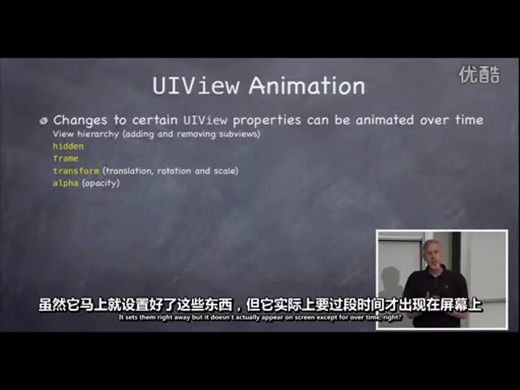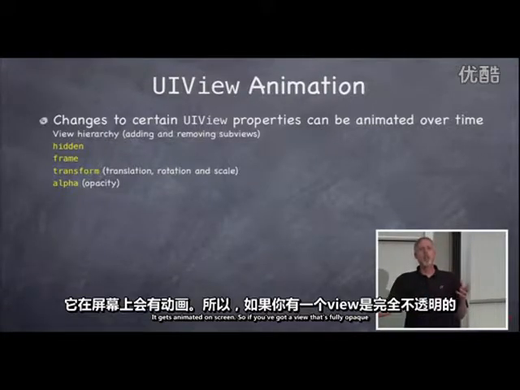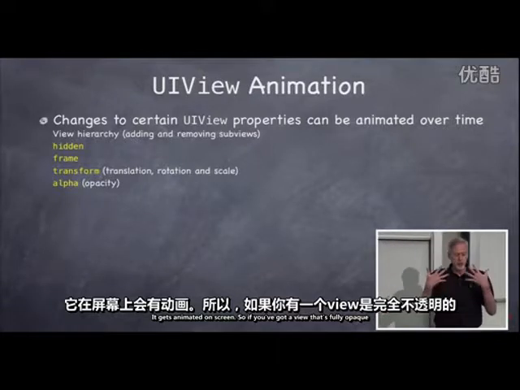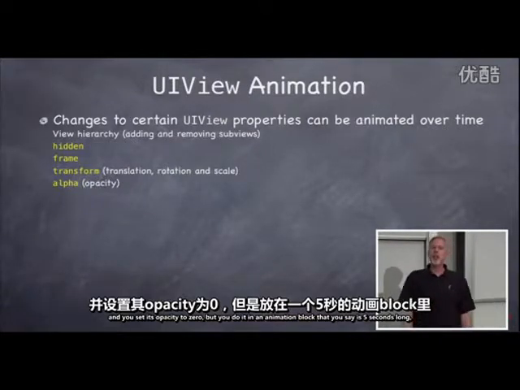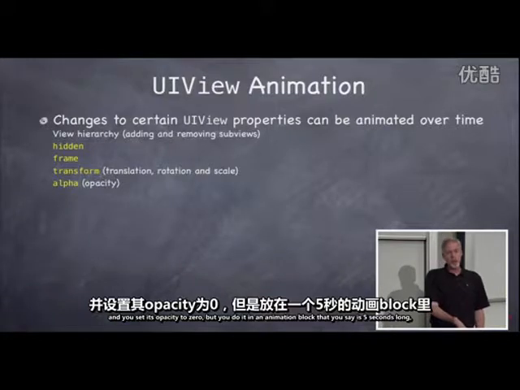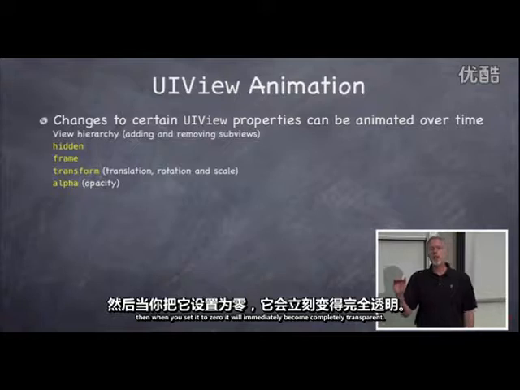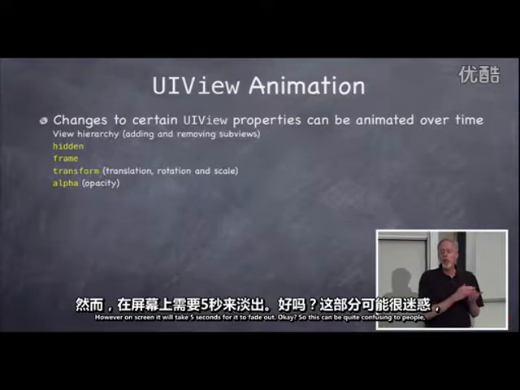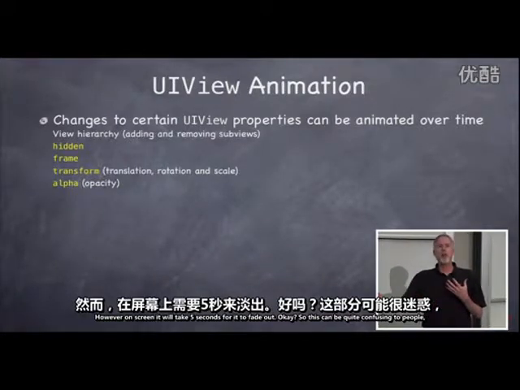It sets them right away, but it doesn't actually appear on screen except over time, right? It gets animated on screen. So if you've got a view that's fully opaque and you set its opacity to 0, but you do it in an animation block that you say is 5 seconds long, then when you set it to 0, it will immediately become completely transparent. However, on screen, it'll take 5 seconds for it to fade out.